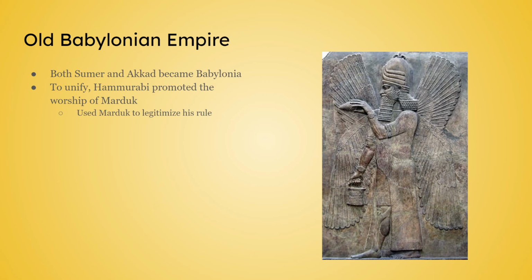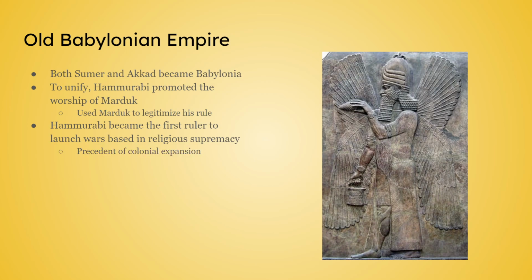While Hammurabi did believe in and worship Marduk, he used Marduk to legitimize his rule. And Hammurabi would become the first ruler to launch wars based in religious supremacy. And this may have been the precedent that started colonial expansion.